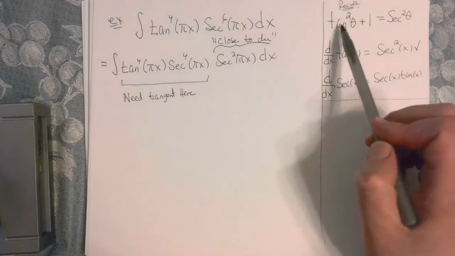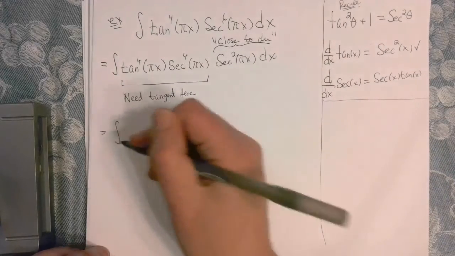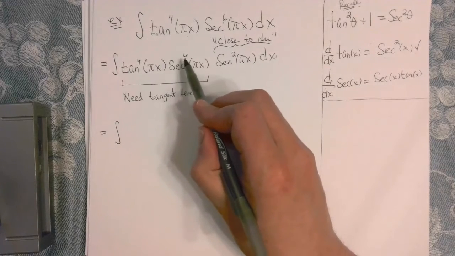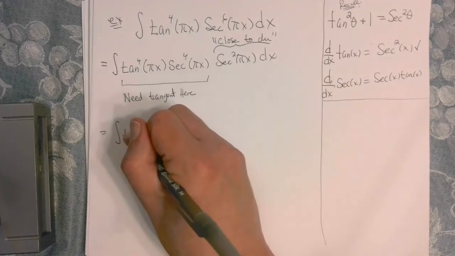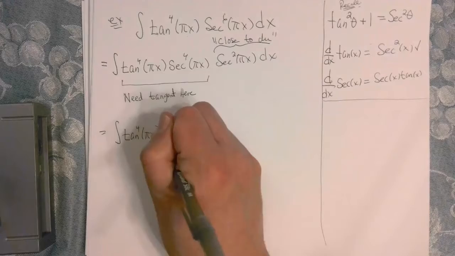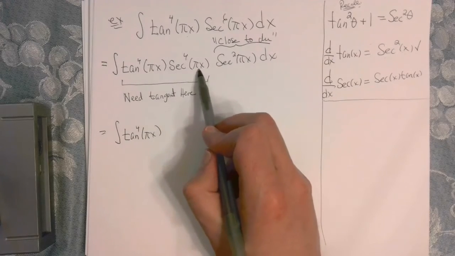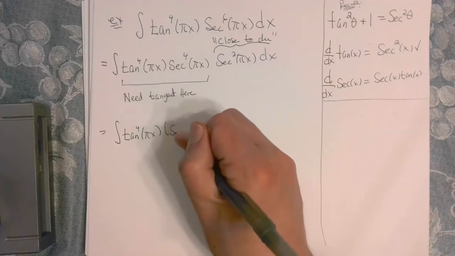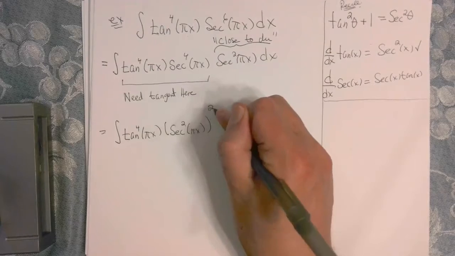It's exactly this. That seems pretty helpful because I can think about this secant to the fourth as secant squared squared. So yeah, this is exactly secant squared of pi x quantity squared. So let's write that. That's secant squared of pi x squared.